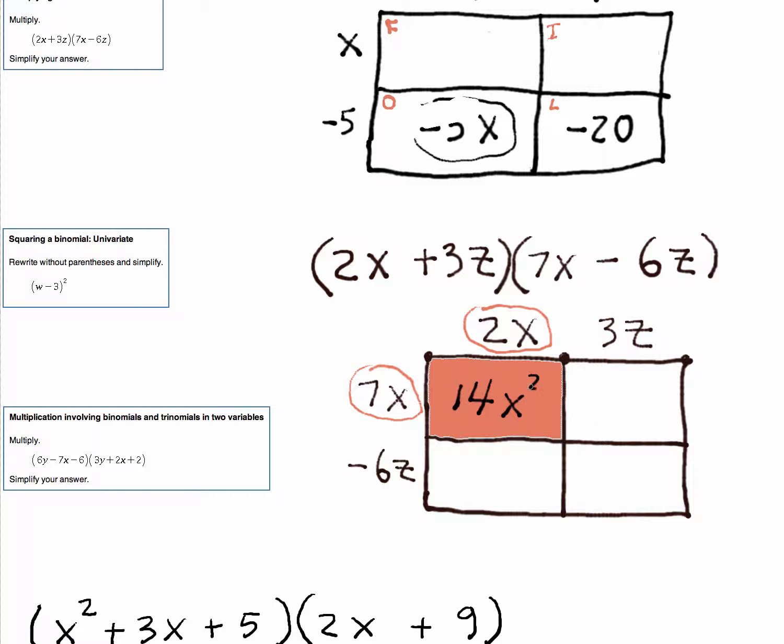squared. Okay? Now, if I multiply this 7x, I'll change the color up a little bit, it'll be green now. If I multiply this 7x times this 3z, that will give me the area of this region here.